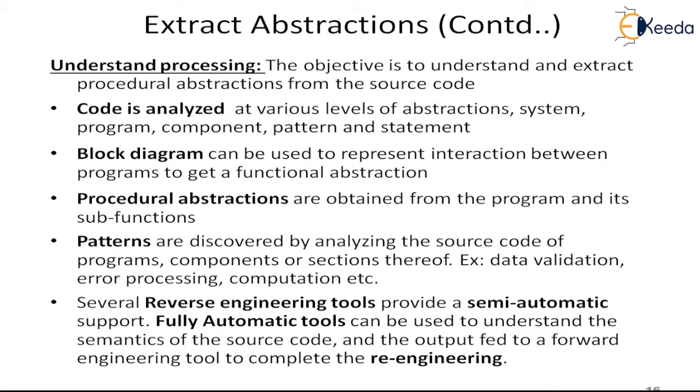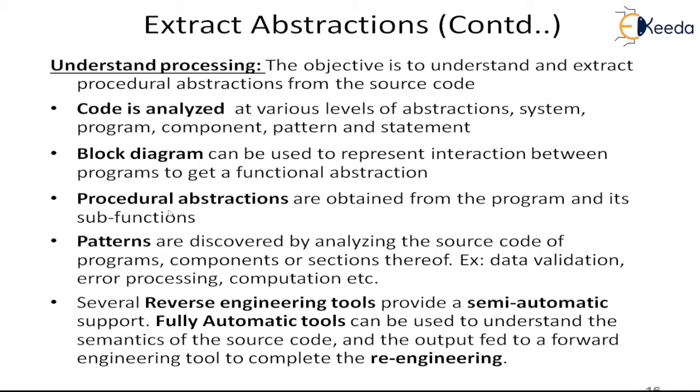And then you have to understand the processing. From the code that you analyze, you will have to do different levels of abstraction: system level, program level, component level, patterns and statements within the component. You can create some block diagram, either manually or the tool will do it, to represent interaction between programs, and you can get a functional abstraction from it.